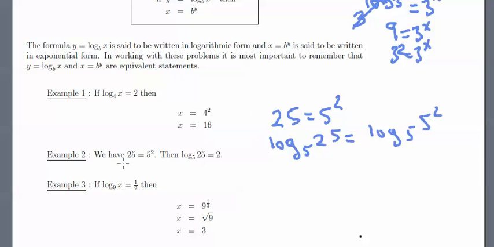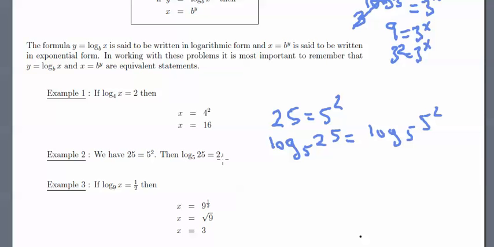Now why did I choose base 5? In this original equation, do you see an exponent? Yes, the 2 is the exponent. What's the base of that exponent? It's 5. So if we want the operations to be opposite of each other, the bases have to be the same. That's why I chose log base 5. Now where did this 2 come from?